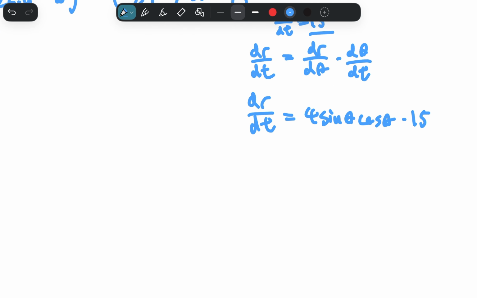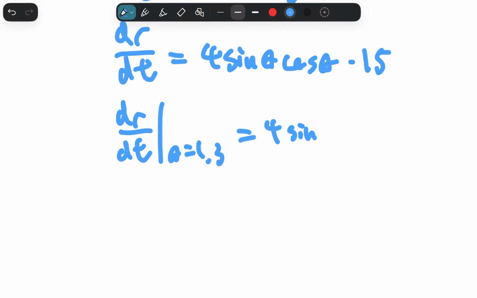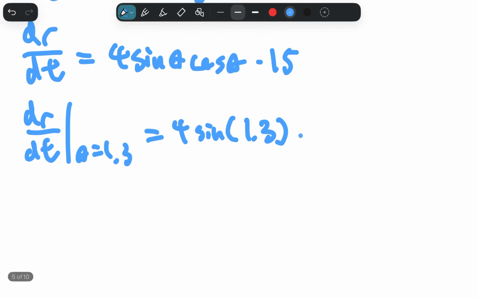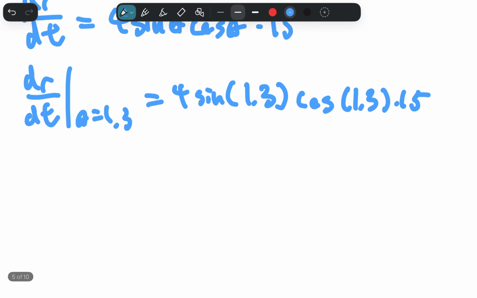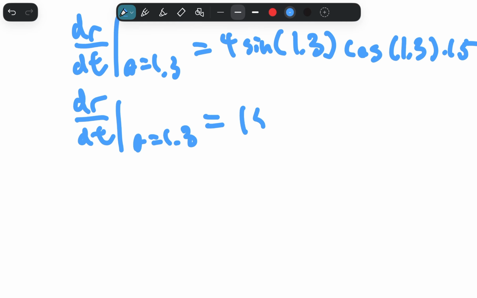So now we can just substitute θ equals 1.3. And if you put this in your calculator, this ends up being 15.465, and that's your answer.